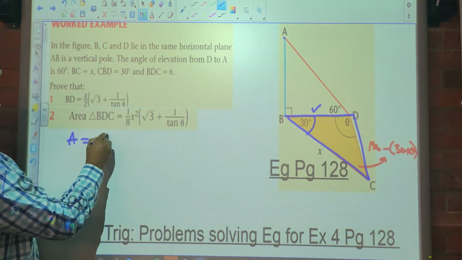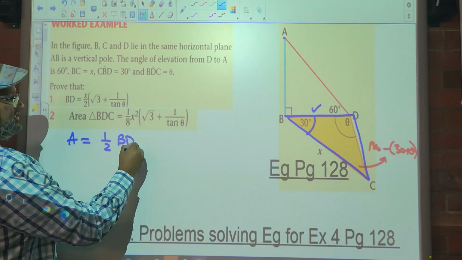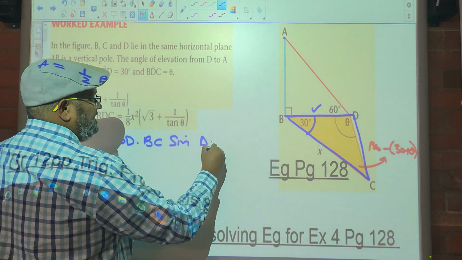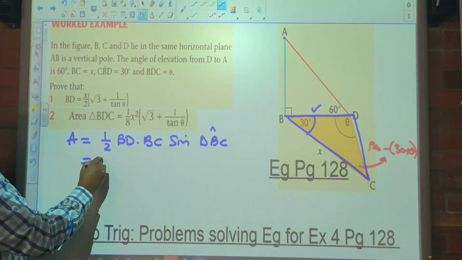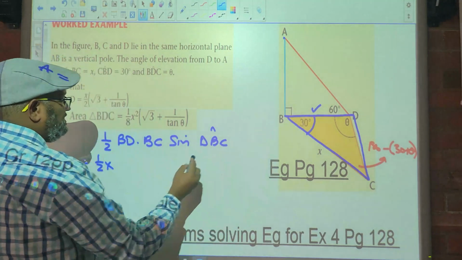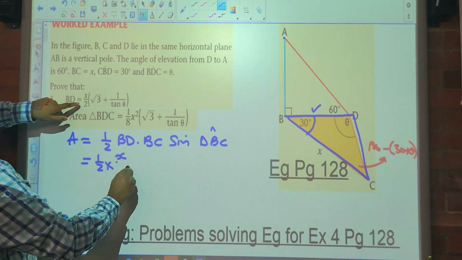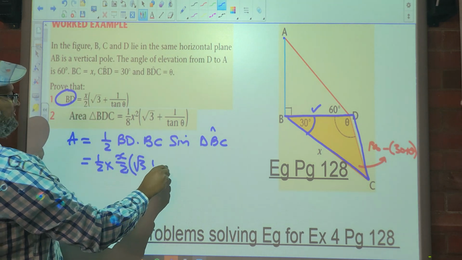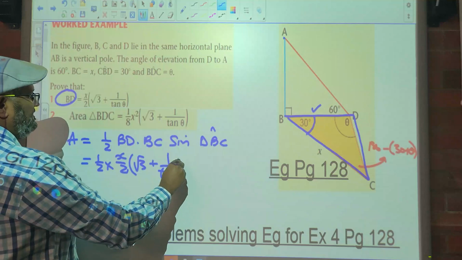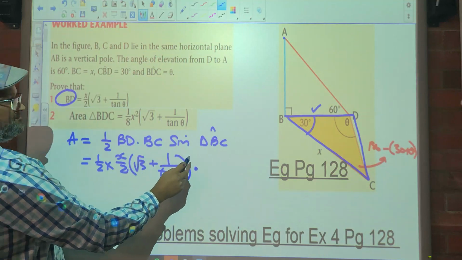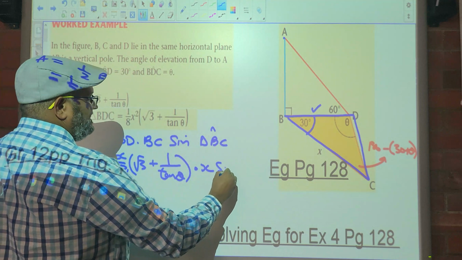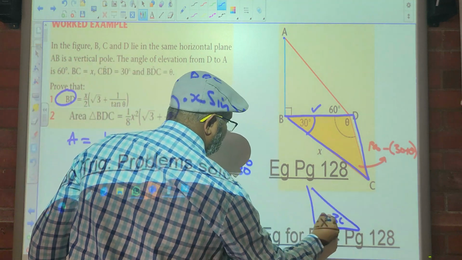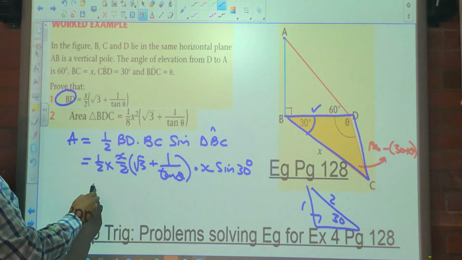So the area is going to be half of BD times BC times sine of DBC, which is simply, BD is going to be x over 2, remember this is BD, into the square root of 3 plus 1 over tan of theta, times BC, which is x, sine of 30 degrees. But we know that sine of 30 is what? 1 over 2, not so?